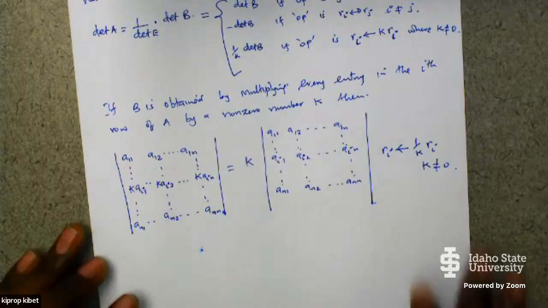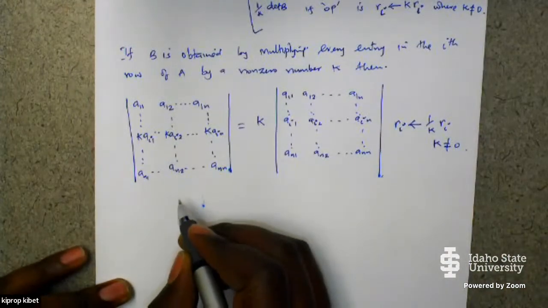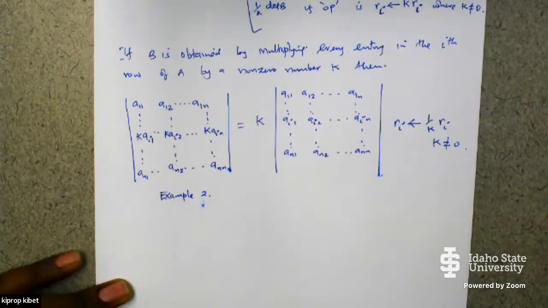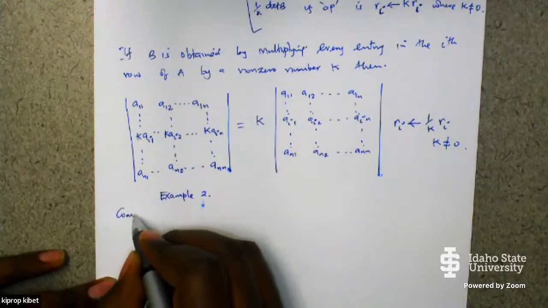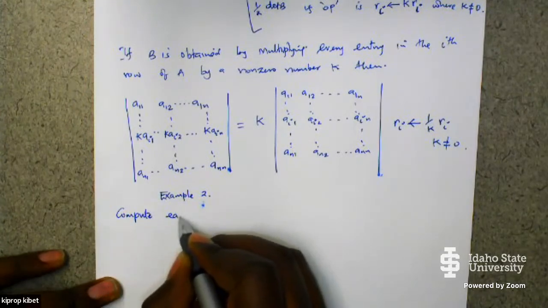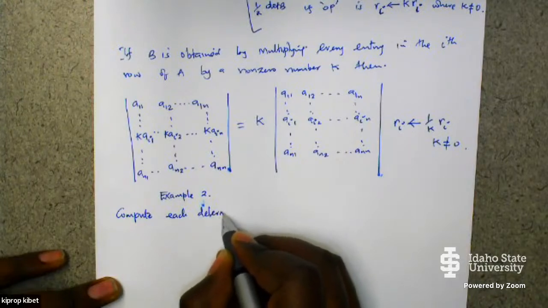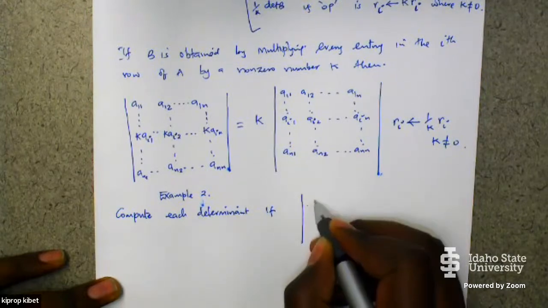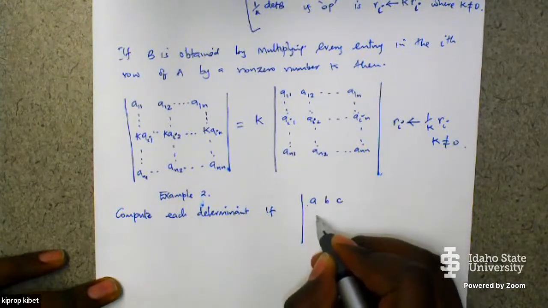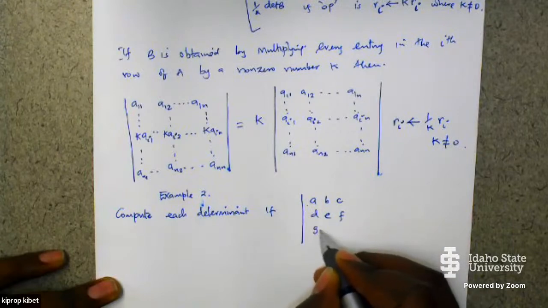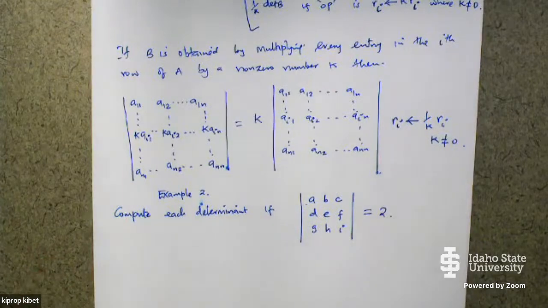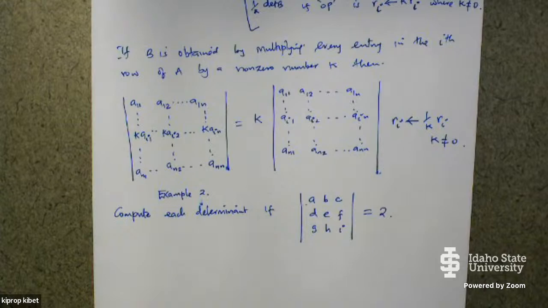So we'll see some examples which are going to relate to this. Okay, let's look at example number 2. Compute each determinant if the determinant of the matrix A, B, C, D, E, F, G, H, I is equal to 2.